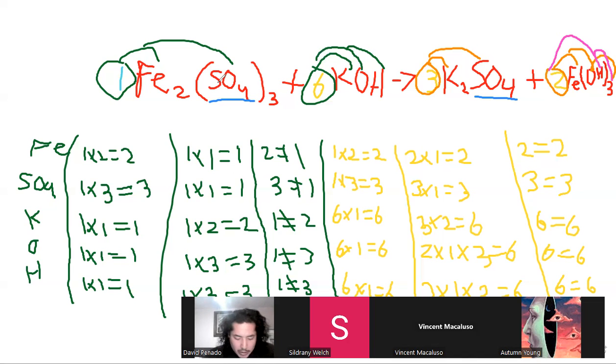All right, so that's number 19. Fe2(SO4)3 plus 6KOH gives 3K2SO4 plus 2Fe(OH)3. So that's the answer for question number 19.